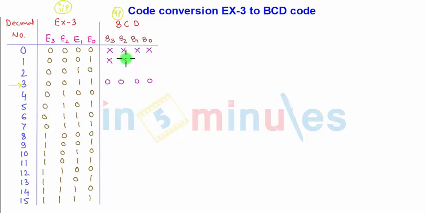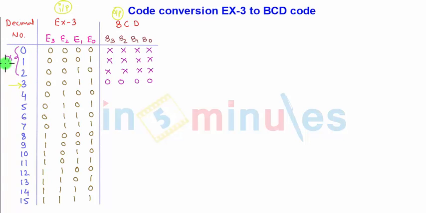So let me put the don't care conditions here. But as the XS3 code suggests it has value 3, the equivalent BCD will be 0, because for 0, XS3 means 3 extra: to 0 0 0 0 I add 3, that is 0 0 1 1, and the answer is the XS3 code. So vice versa, for XS3 code 0 0 1 1, the BCD code will be 0 0 0 0. That's why the first 3 inputs are the don't care cases.